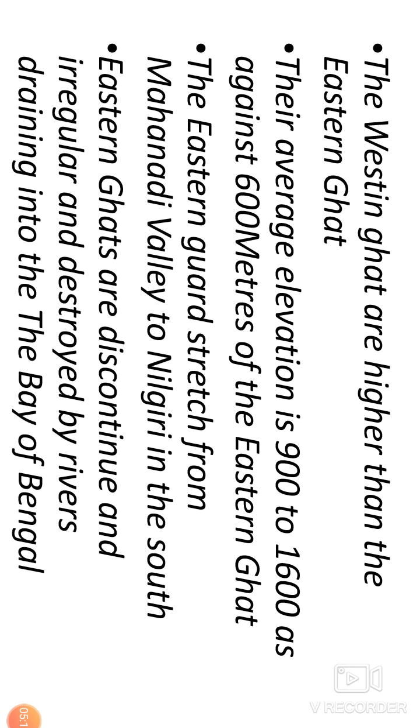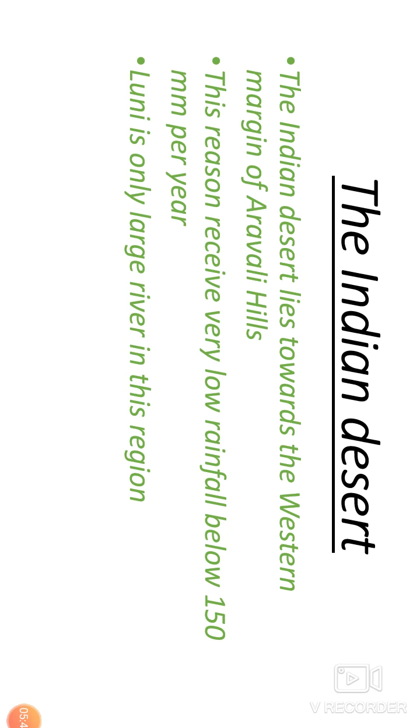The Eastern Ghats stretch from the Mahanadi Valley to the Nilgiris in the south, and the Eastern Ghats are discontinuous and irregular, cut by the rivers draining into the Bay of Bengal. One more thing, here one waterfall is given.